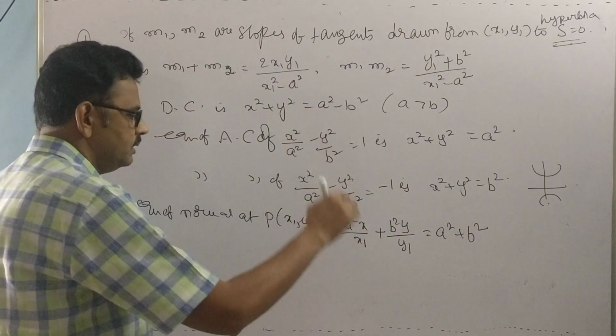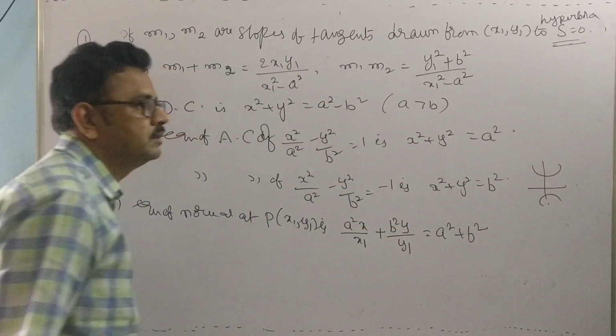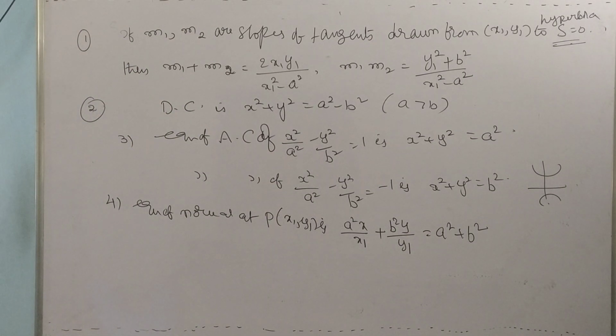In case of hyperbola, it is minus, this is also minus. So equation of normal at the point.